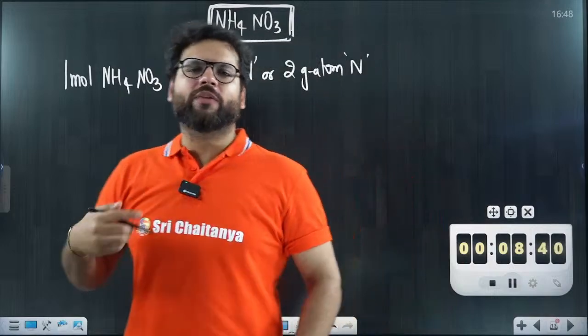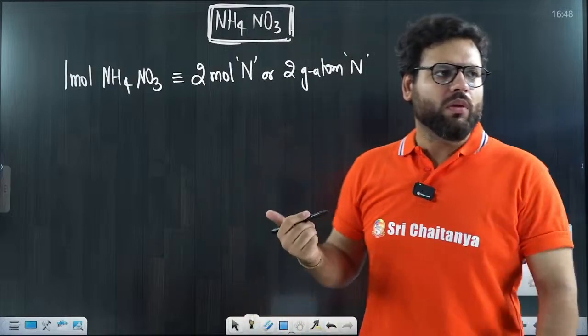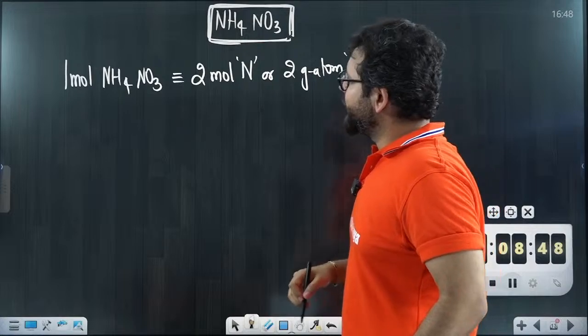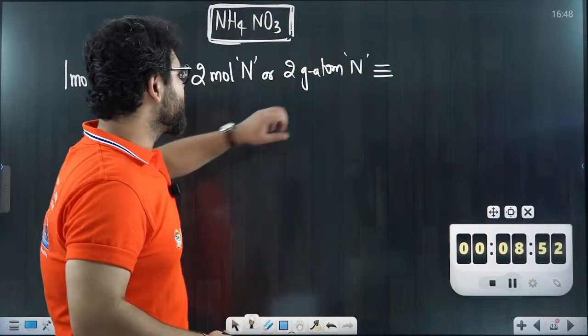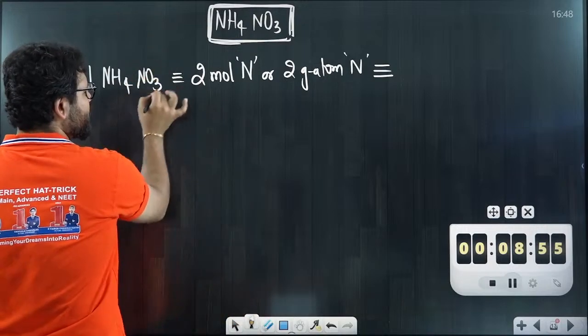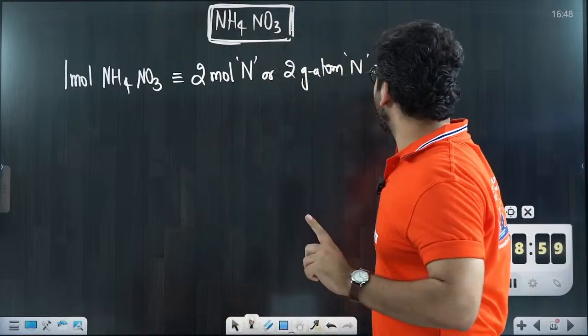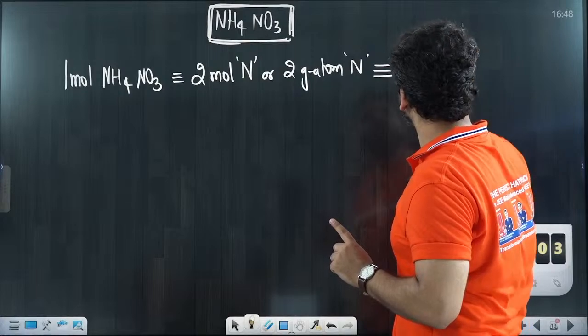I told you in the beginning of the class, moles can also be called gram atom. At the same time, how much oxygen is there inside it? Inside the 1 mole of this, oxygen is 3 moles. Each mole of oxygen weighs 16 gram, so 3 mole will weigh 3 times 16 grams of oxygen.